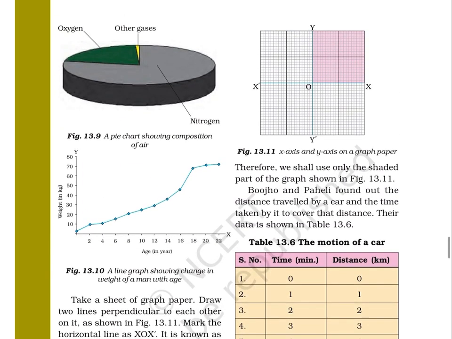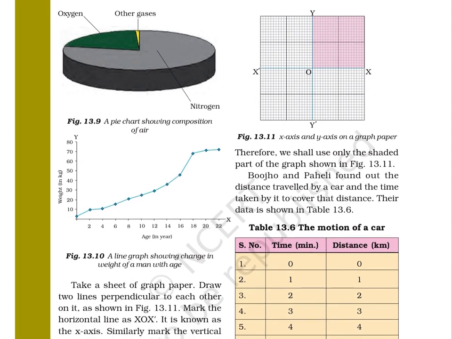Therefore, we shall use only the shaded part of the graph you can observe in Figure 13.11. Figure 13.11, x-axis and y-axis on a graph paper. Here, we can observe that on a graph paper, the second quadrant has been shaded pink.